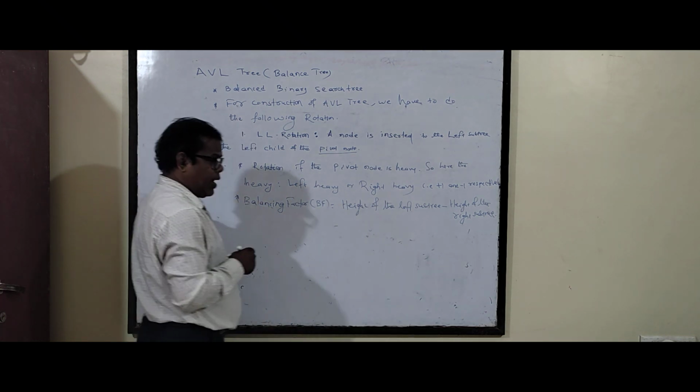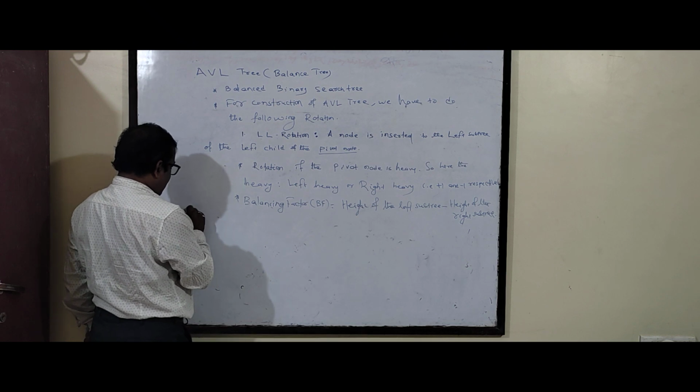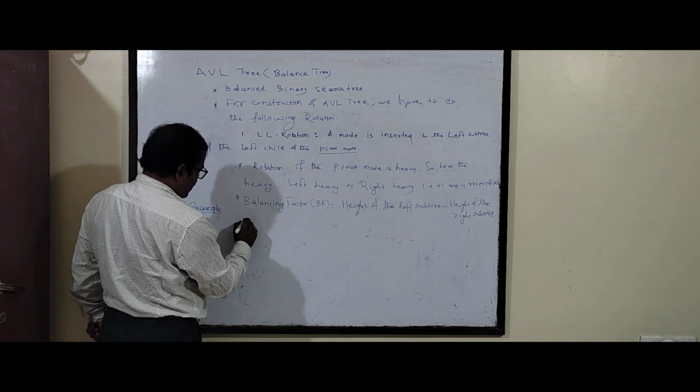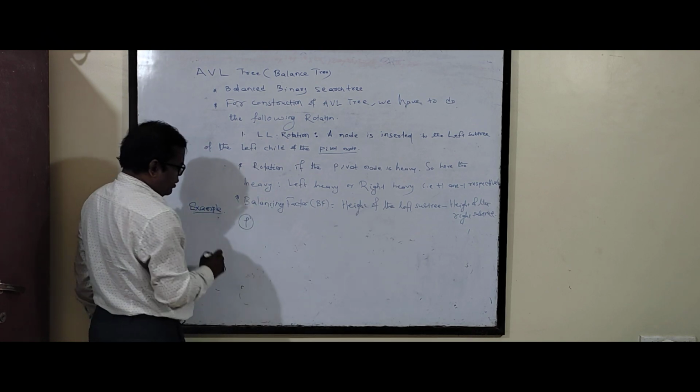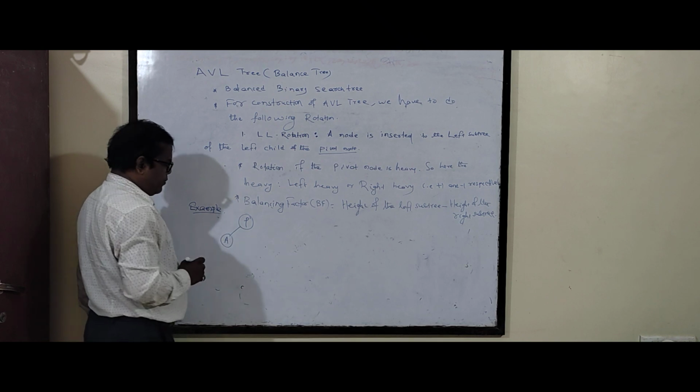So we can see this graph. Let us come to the example. Let P be the pivot element and A be the left child.